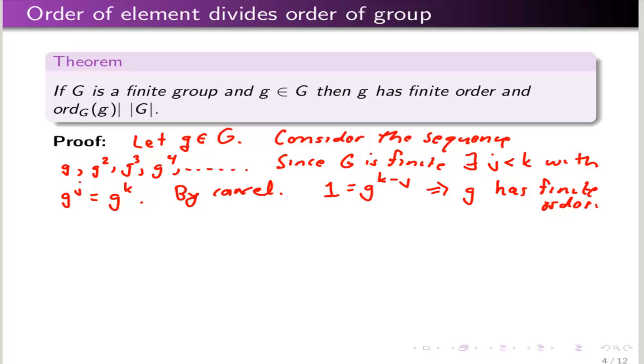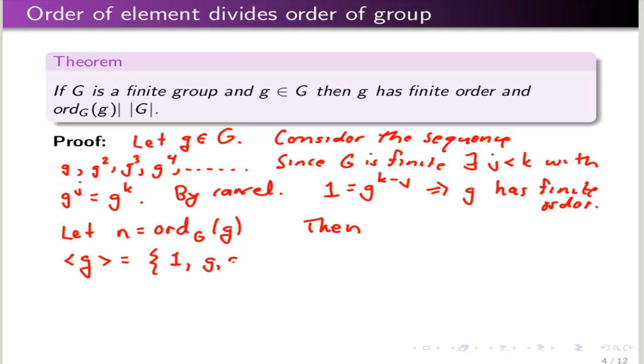Okay, next. I want to show that the order is a divisor of the order of the group G. So let's let n be the order of g. Well then, the group generated by g is just 1, g, g squared, and you keep going until we hit 1 again.